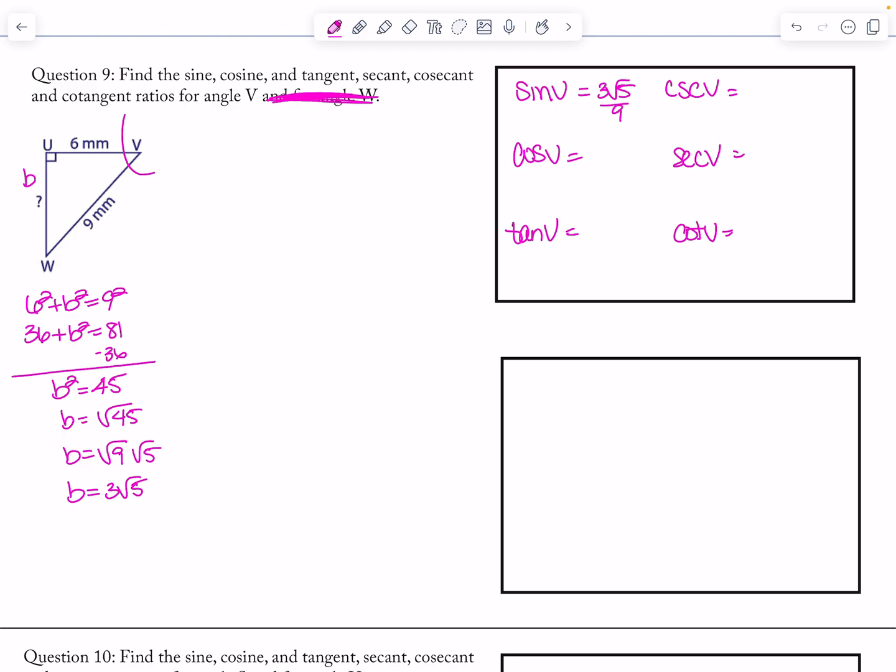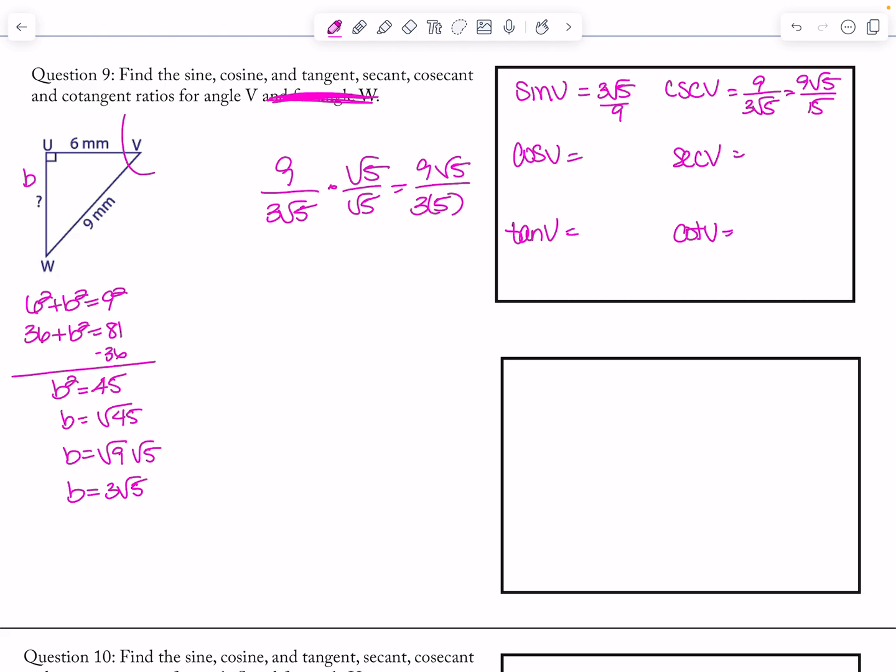So then cosecant is 9 over 3 root 5, which is going to be 9 root 5 over 15. So notice I took my 9 over 3 root 5, multiplied the top and bottom by root 5. So I got 9 root 5 and then a 3 times 5. So that's how I got my 15 in my denominator.